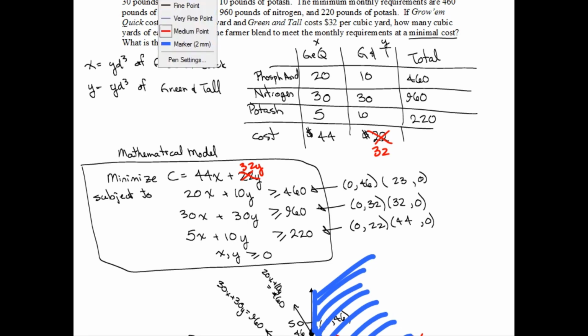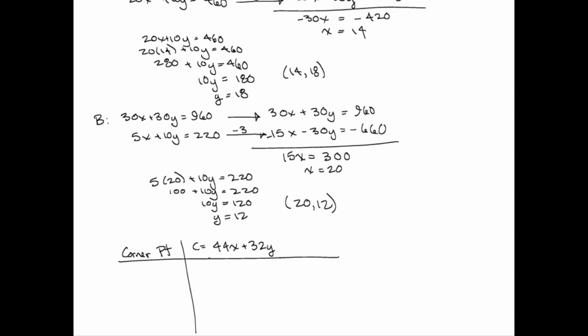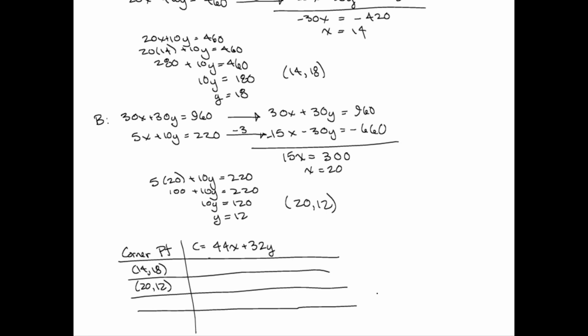And let's go down here and write that into our table. So 44x plus 32y. What are our corner points? Well, we just found 14, 18, and 20, 12, but there are two more that we'll find if we go back and look at our sketch.